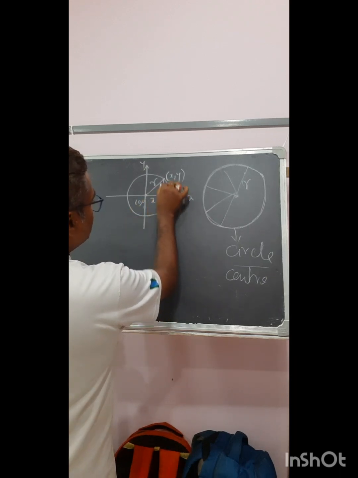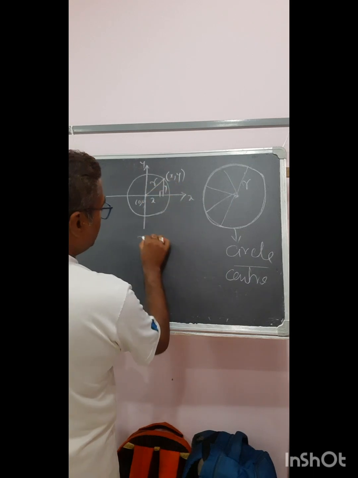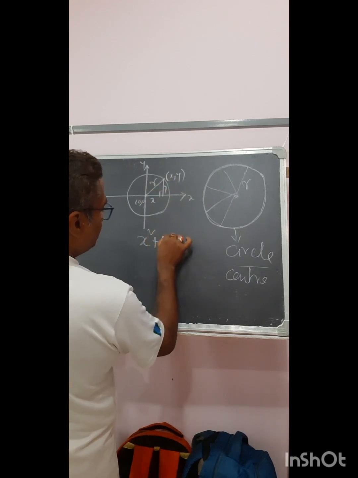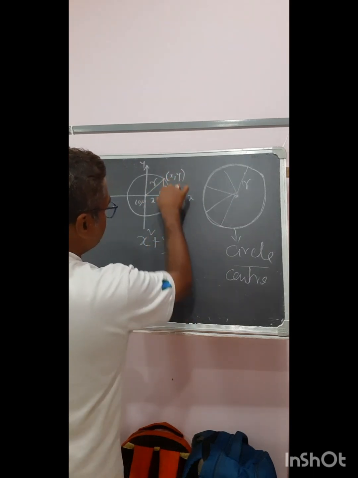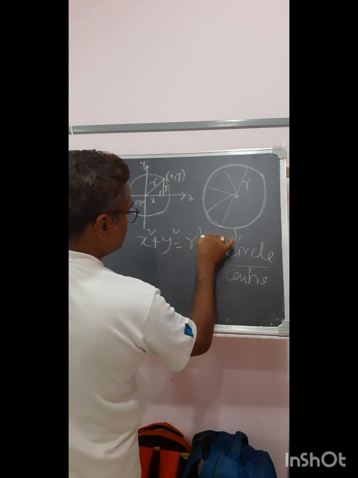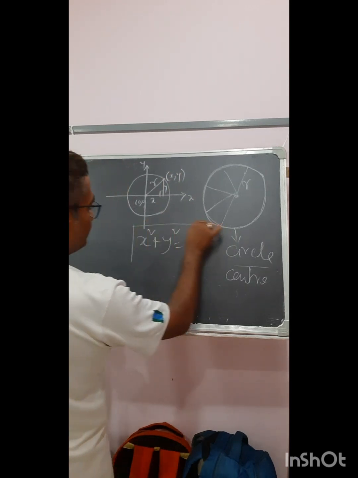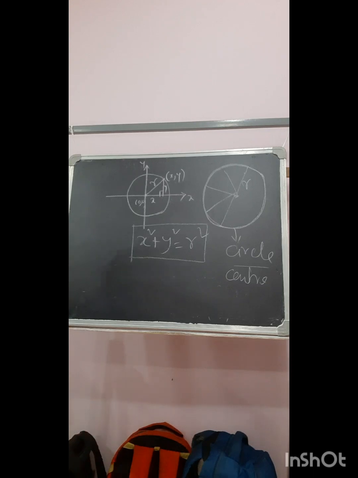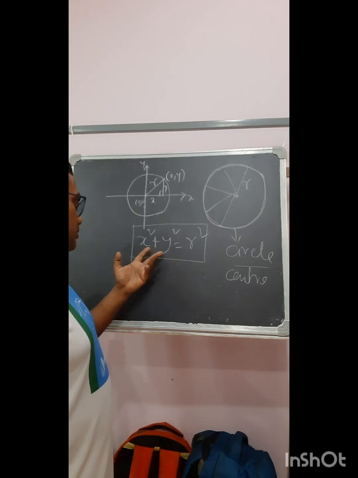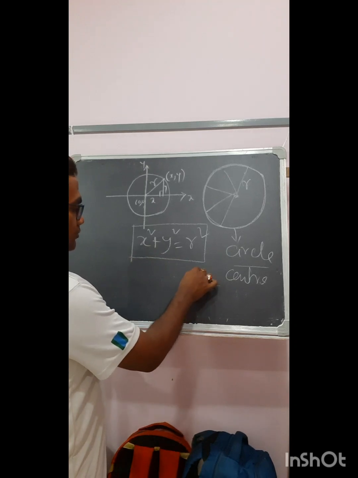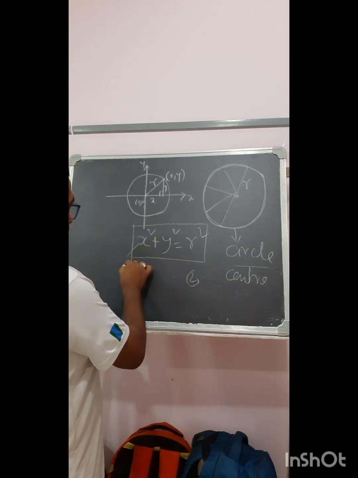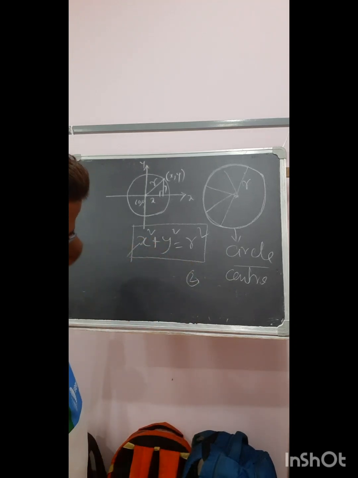So by the formula of a right angle triangle, base square plus vertical square is equal to hypotenuse square. This will give an equation where x and y have the power of 2. That's why it is a quadratic equation.